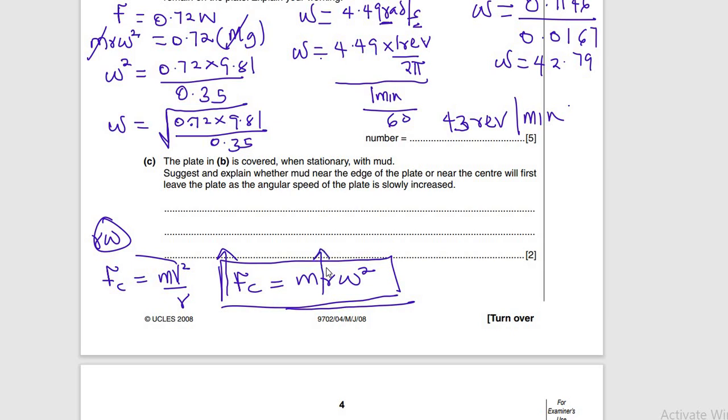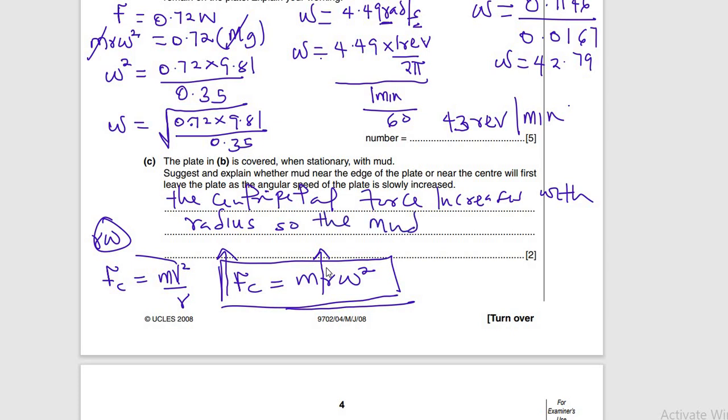So as the angular speed is slowly increased, the centripetal force increases, as centripetal force increases with radius. So the mud flies off.